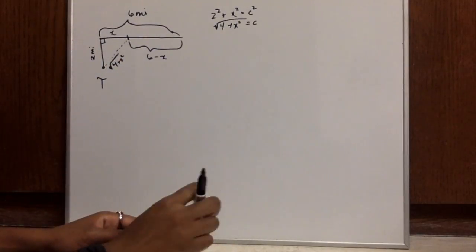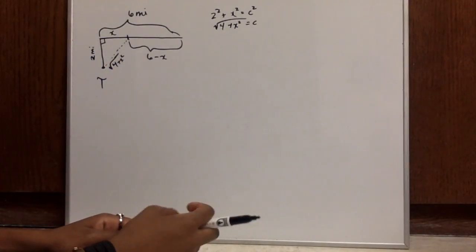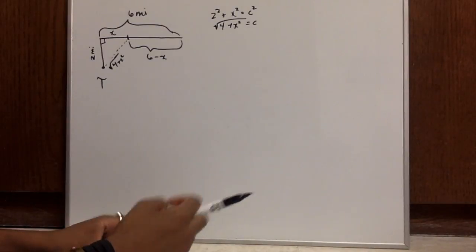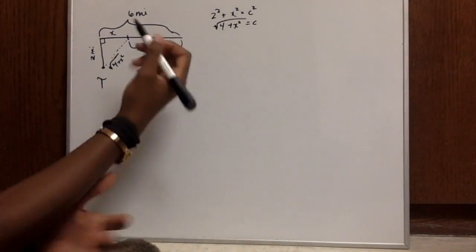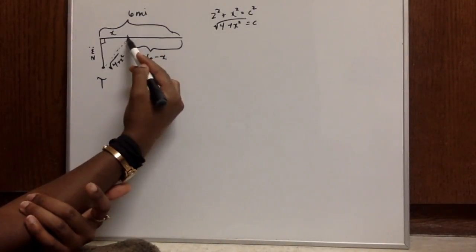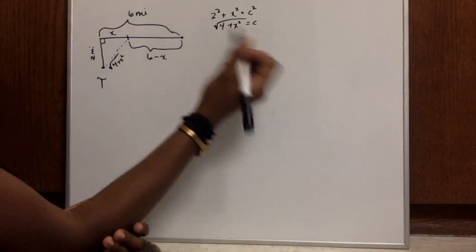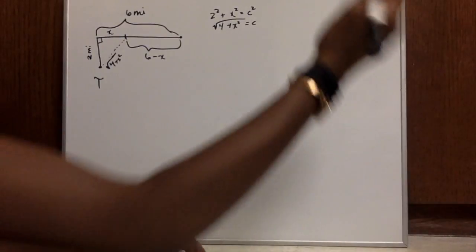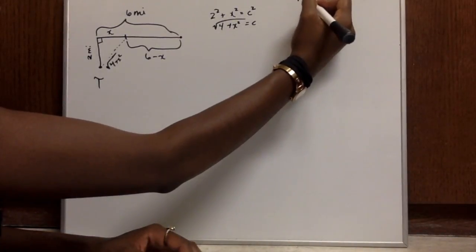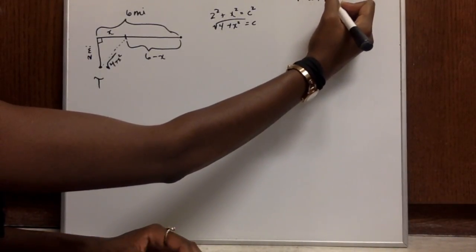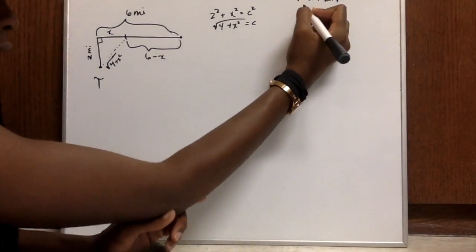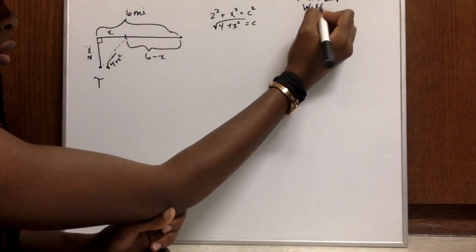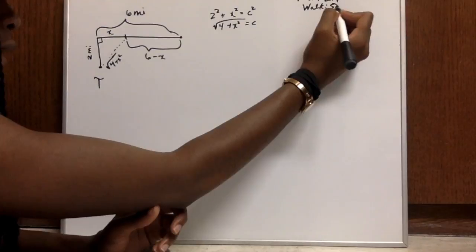So we know the total time that it takes is going to be her rowing time plus her walking time, because she's first going to row a distance and then walk the rest to the village. So we know that she can row at a rate of 2 miles per hour, and she can walk at a rate of 5 miles an hour.